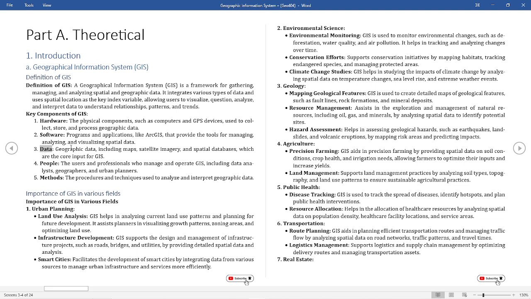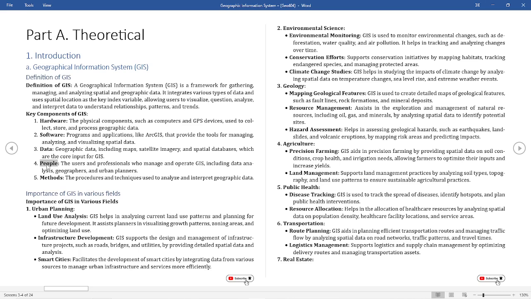So this data includes the geographical data. It may be point data, or it may be some line or polygon data. It may be vector data. It may be a raster data in the form of satellite imageries. So all this data is the core input for GIS.